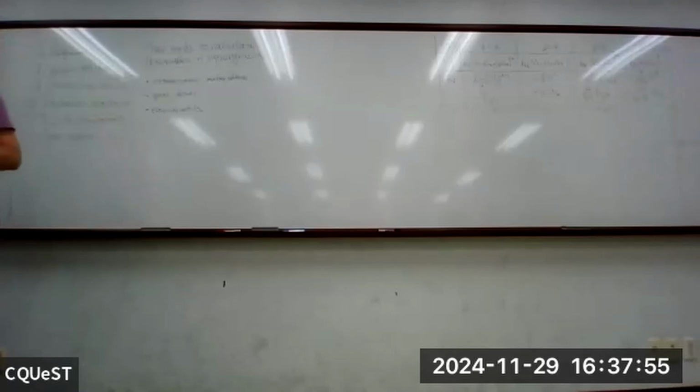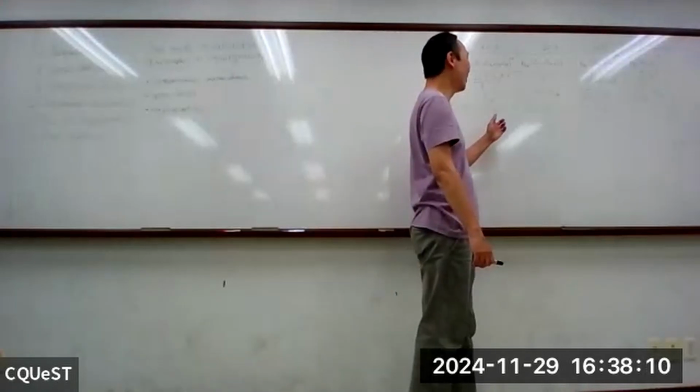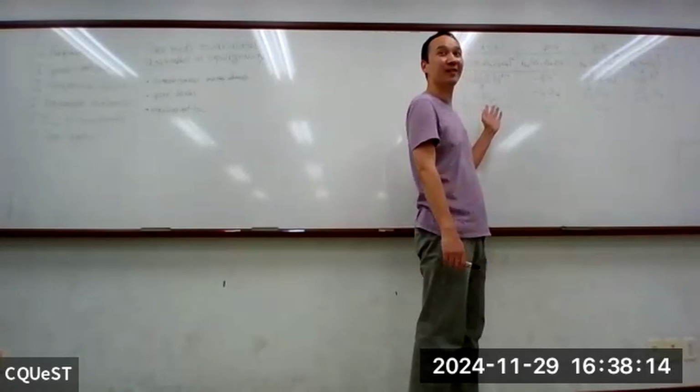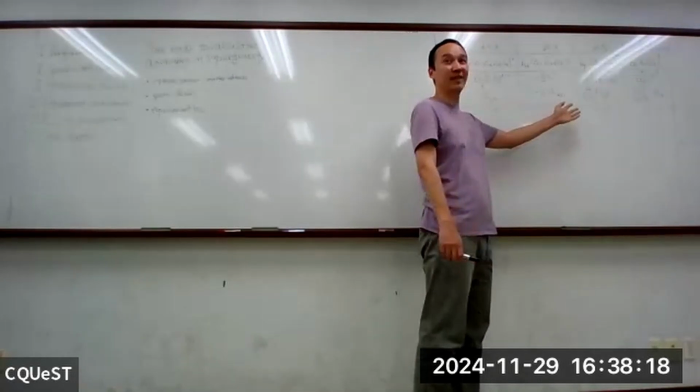Can I ask a question? Yes. So you mentioned observables, but why do you consider free energy for odd-dimensional superconformal field theories and central charge for even dimensional ones? Thank you for asking. Mainly they want to compute central charges, but central charges are not defined in odd dimensions, so they compute free energies instead.